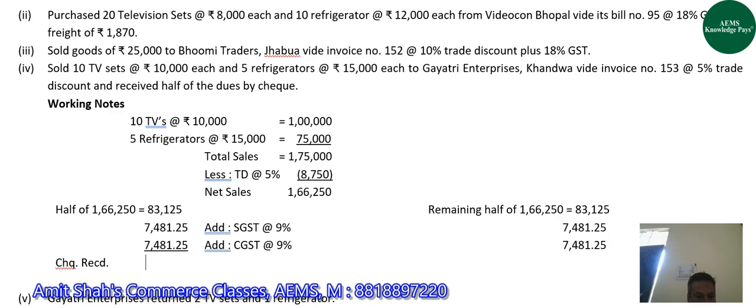So we have received a check of 83,125 plus 7,481.25 plus 7,481.25, that is 98,087.5.